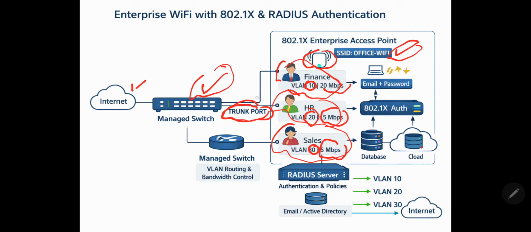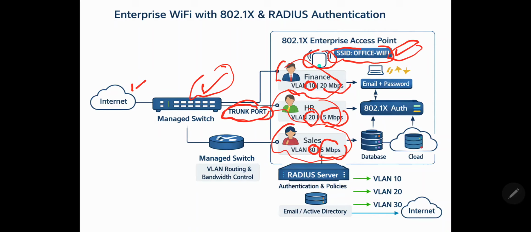Okay, in this case, you can imagine your finance team using a LAN cable and the other team using Wi-Fi or wireless. To access the internet through Wi-Fi, you need to select this SSID name, Office Wi-Fi.